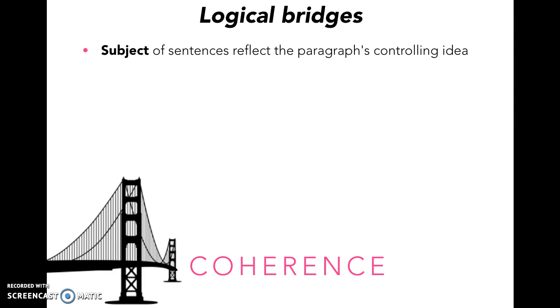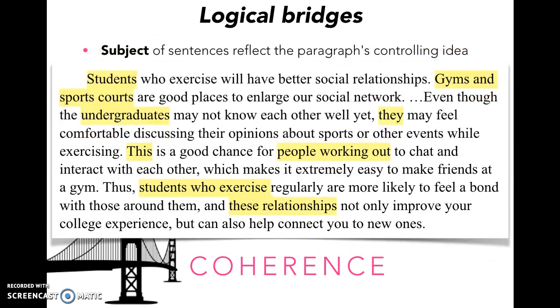Whatever the controlling idea or the subject of the paragraph is, this should be very clear to the reader. This is an example of a paragraph where the theme is very clear just from glancing at the piece of writing. So we have students, another word for that might be undergraduates, another word for that might be people, and we know the theme is going to be about working out, gyms, sports, exercise, and we also have a few pronouns thrown in there as well with they and this.